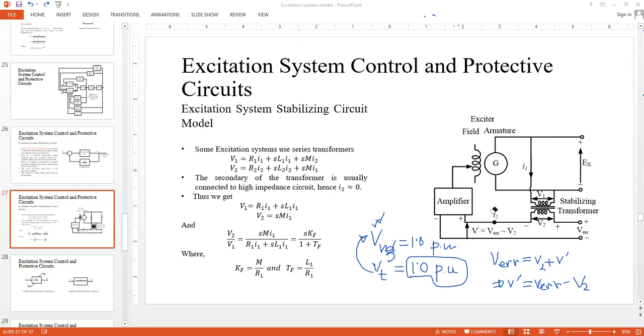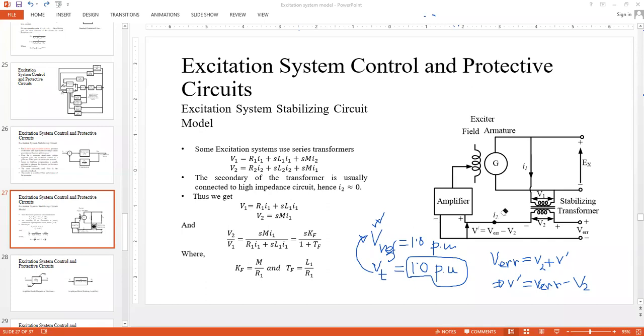Based on that information, we can easily assume that the current flowing in the secondary side of the stabilizing transformer, because this is a voltage amplifier with high input impedance, would be almost negligible, or can be assumed to be 0. So I haven't put any direction for I2, although I have put a direction for I1.